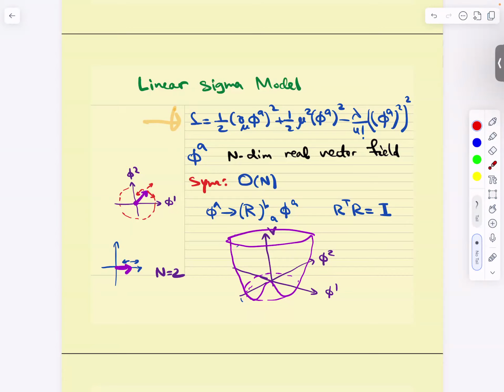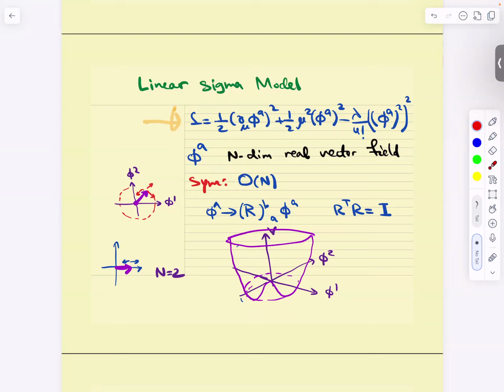So the curvature of this potential is a measure of the mass of this mode. Good? Now, take the Mexican hat potential. There is a mode that moves you around the circle. What's its mass? 0.